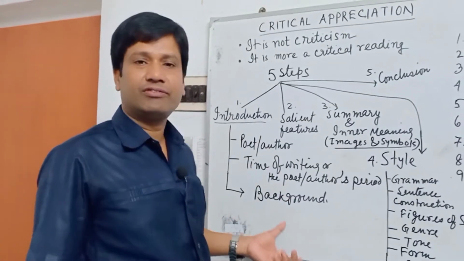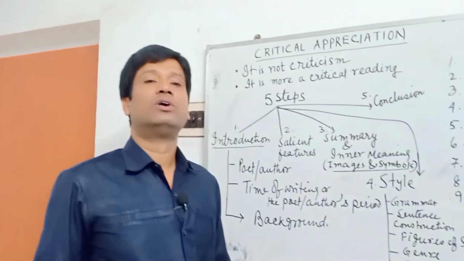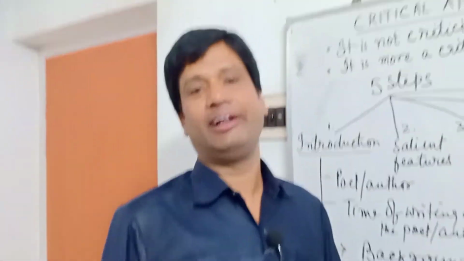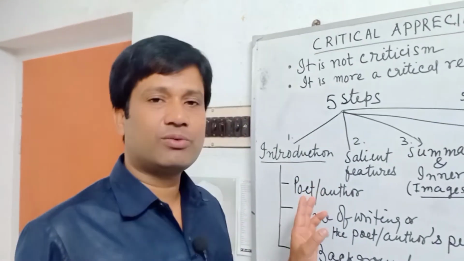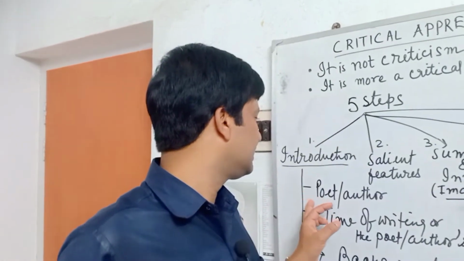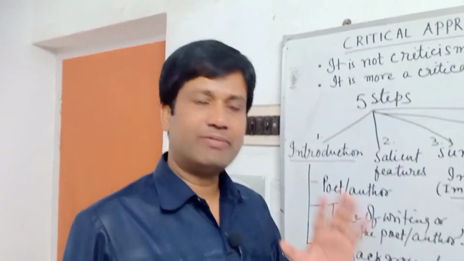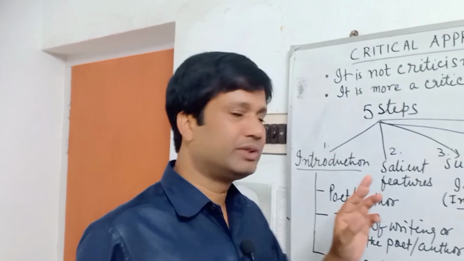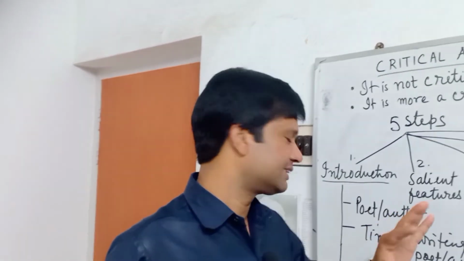As for example, you were writing the critical appreciation of One Day I Wrote Her Name by Edmund Spenser. So first of all, you should write introduction that this sonnet is written by Edmund Spenser. He was a poet of the Elizabethan period, etc.